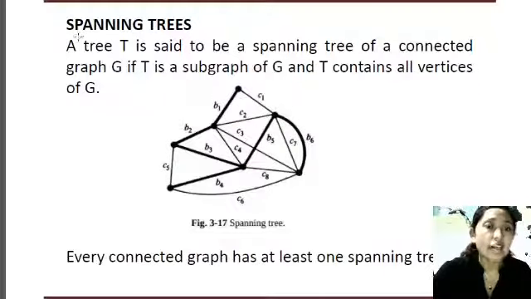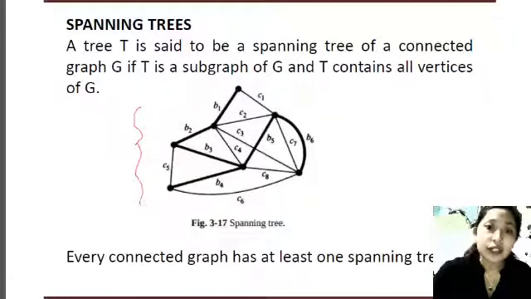Next is a very special type of tree, and it has a lot of applications in various problems in computer science, that is the spanning tree. Now the spanning tree we will be determining from a graph.